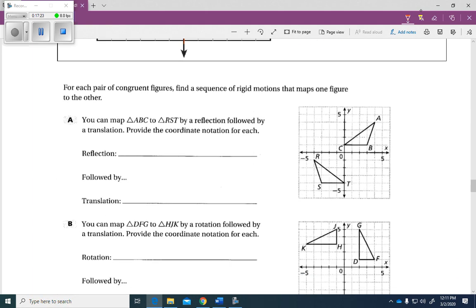For each pair of congruent figures, find a sequence of rigid motions that maps one figure to the other. So they're even telling us I could do a reflection first and then a translation. So if I reflect over the y-axis, I get it there.